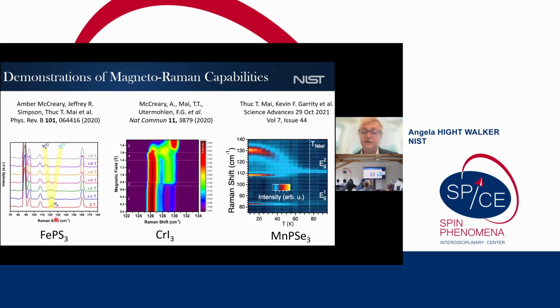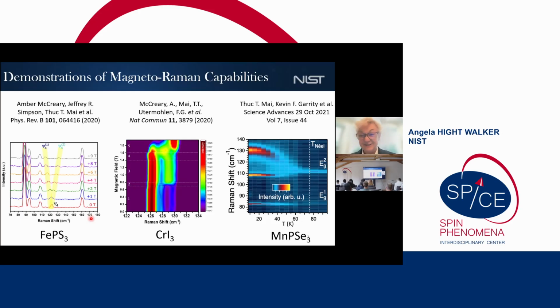This example is in iron PS3, and it is a small feature that was once characterized in a previous paper as a phonon. When we applied our magnetic field, we were able to see that it split quite nicely up to 9 Tesla. In fact, that mode is a magnon.